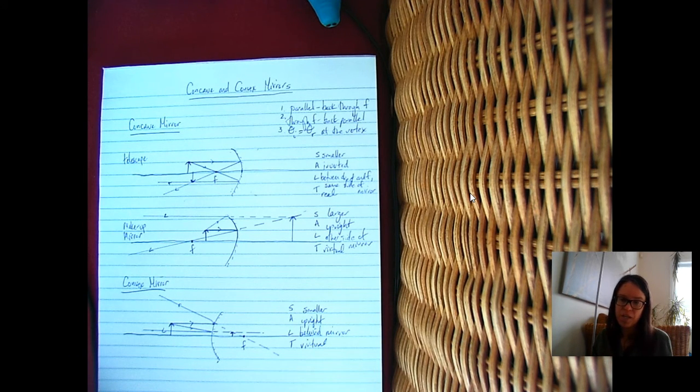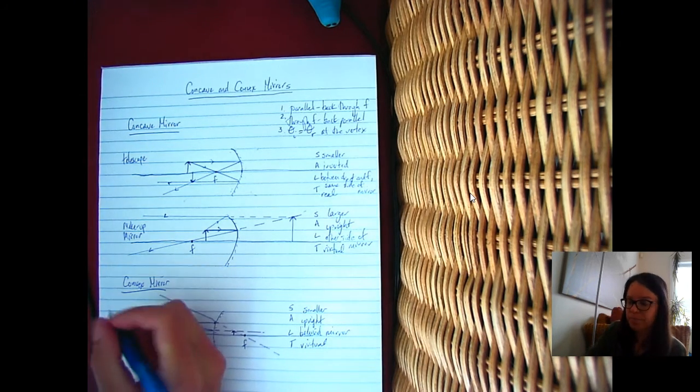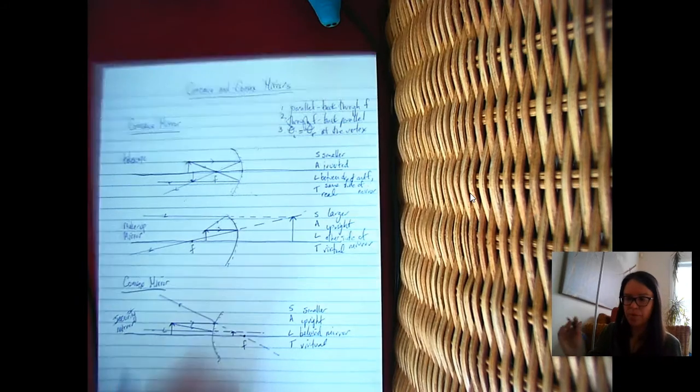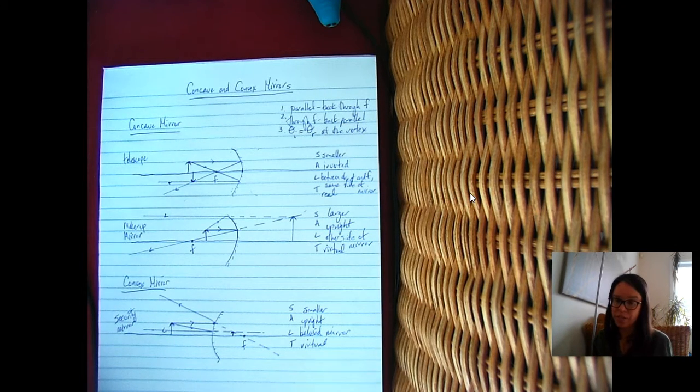Security mirrors are like this. Those are just 2 places I can think of where you'd see that. So I'm going to put security mirror, like up in the corner of a store or an entrance to a building, something like that, to allow you to see more space than you would generally see from your position.